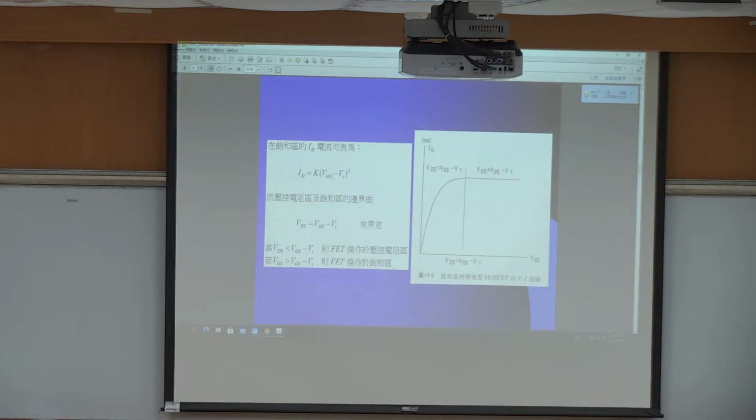In the saturation region, we can represent it as ID equals K times (VGS minus VT) squared, and the edge between the triode region and the saturation region is determined by this voltage.